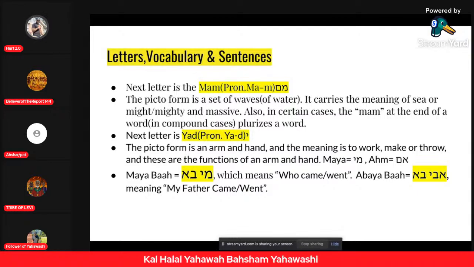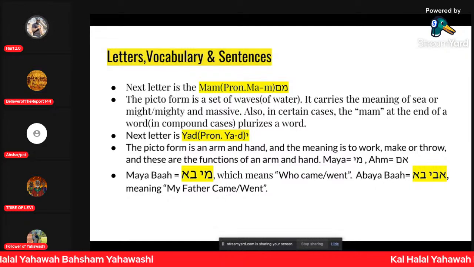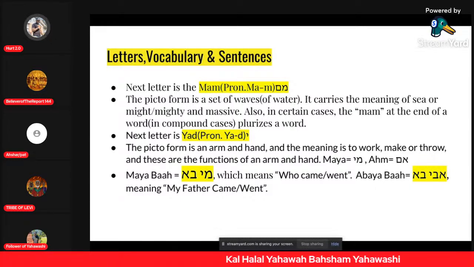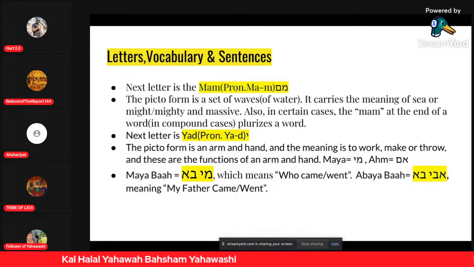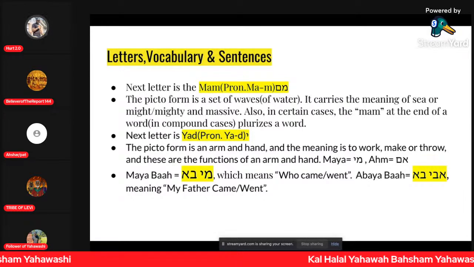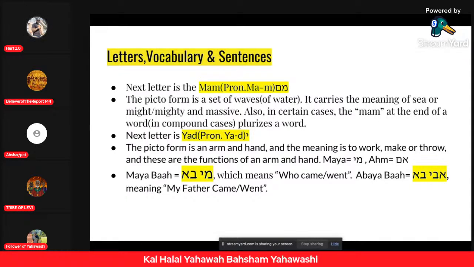Next letter is yod. The picto form is an arm and hand, and the meaning is to work, make, or throw. And these are the functions of an arm and hand. Maya ba, which means who came or went. Abaya ba, meaning my father came or went.